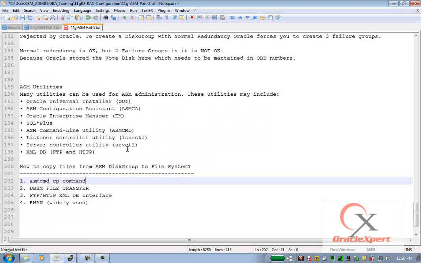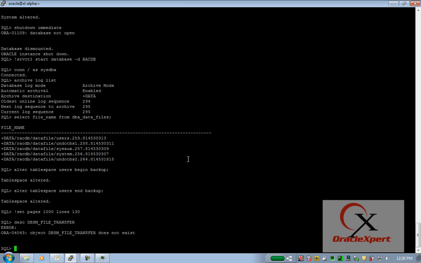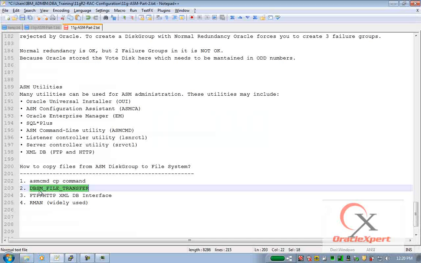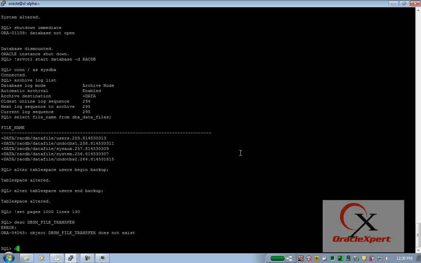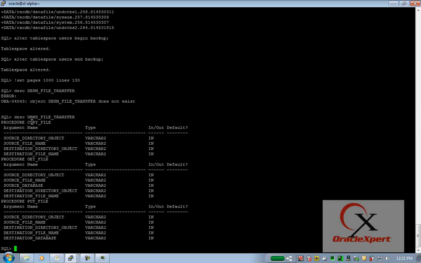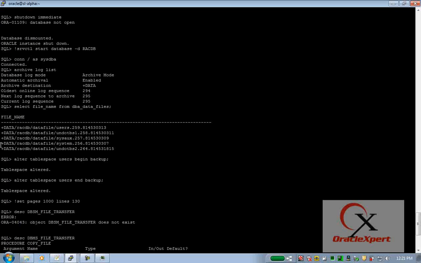I am describing the package DBMS_FILE_TRANSFER. There is a procedure called COPY_FILE. So see what this procedure takes as arguments: source directory, source file, destination directory, destination file. So I must know where my file is.